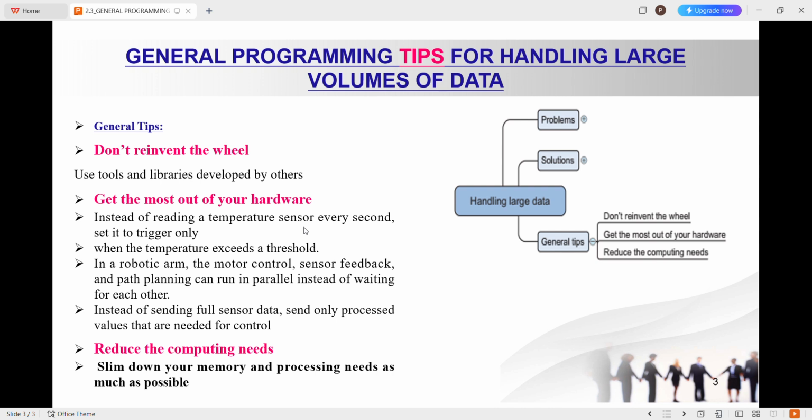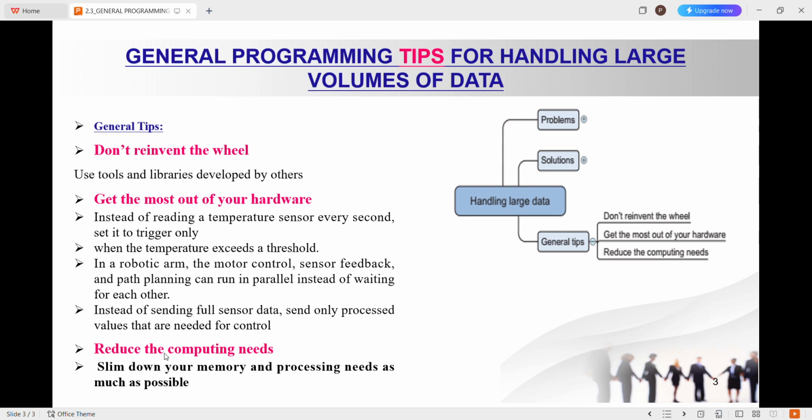Okay, so in the robotic arm, the motor control, the sensor feedback, and the path planning, all the other execution steps can also run in parallel instead of waiting for each other, so that there is no component sitting idle, waiting. Sending the full sensor data first and only then starting the processing would not be an effective way of controlling the robotic arm.